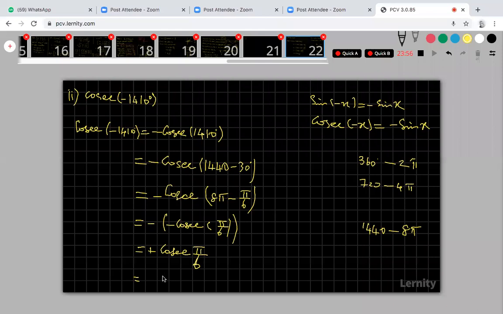Cosecant pi by 6 is the reciprocal of this, because cosecant x is a reciprocal function. The reciprocal of 1 by 2 is 2. So the answer is 2. Please note that, we will go to the next problem.